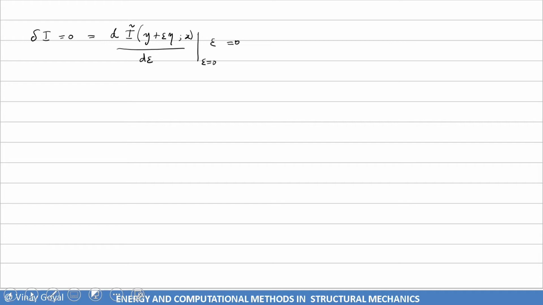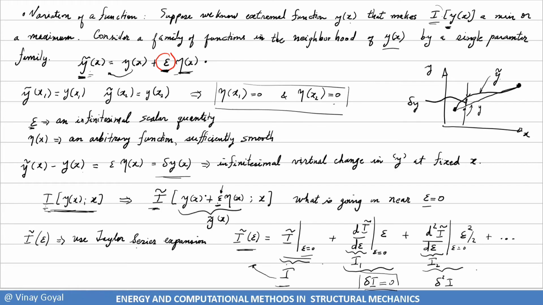That's really what I want to do. And that's looking at this term right here, dI tilde d epsilon. I want to set this term del I equal to 0, because if I do so, then I tilde approaches I. And if I'm able to find that, then I'm able to find the function y that minimizes I. So that's what I'm after.